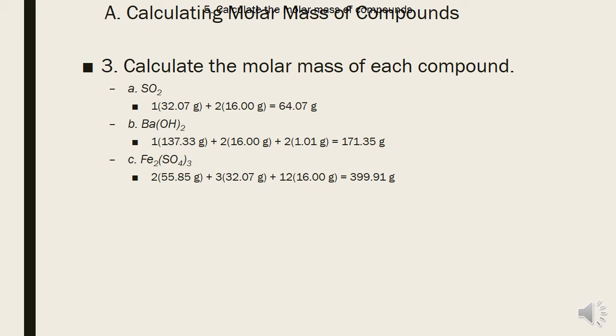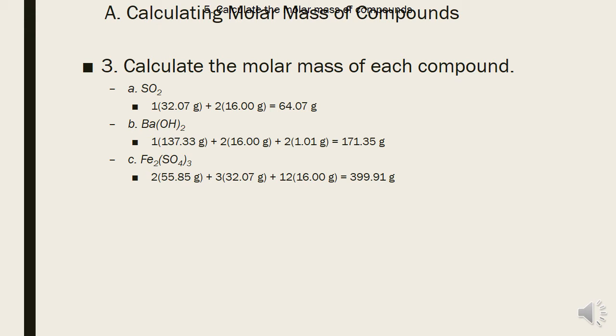So when I plug this in my calculator, 2 times the molar mass of iron, 55.85, plus 3 times the molar mass of sulfur, which is 32.07, plus 12 times the molar mass of oxygen, which is 16, should give you 399.91.